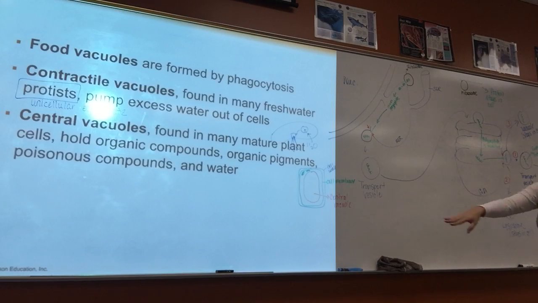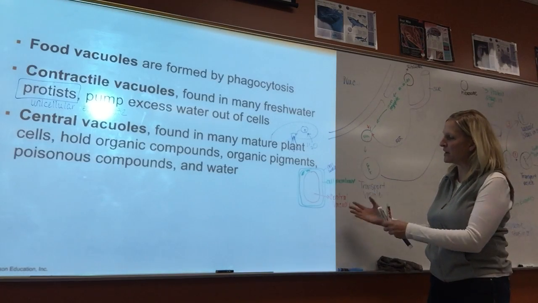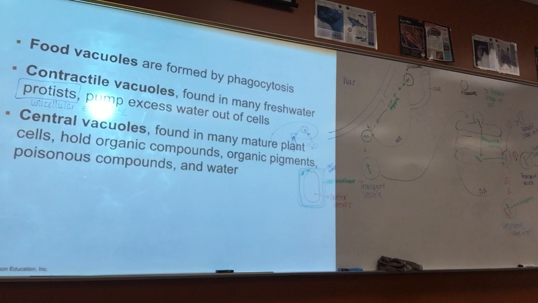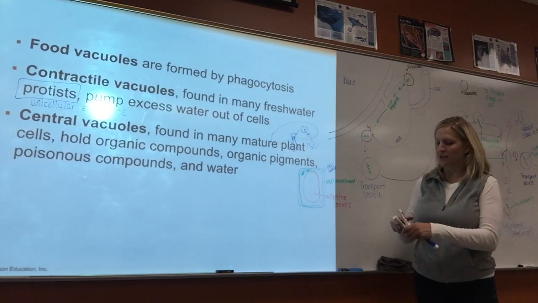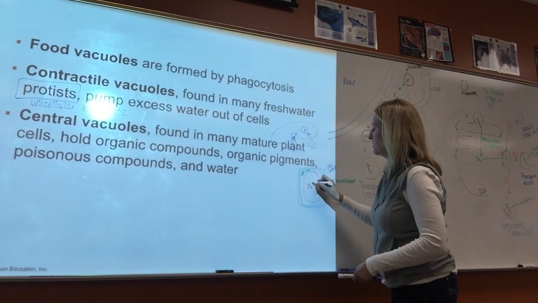And so what does it do? It holds water. So when we water plants, and water goes up through the roots and up into all the cells of the plant, the water, when it goes into the cell, is stored in the central vacuole.